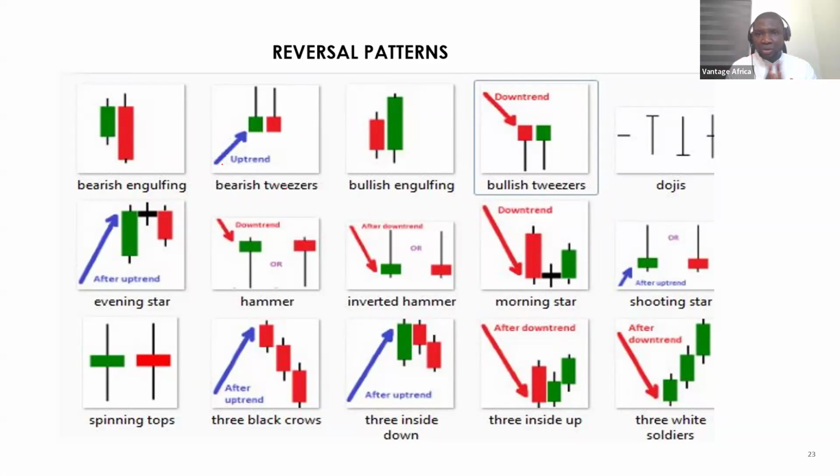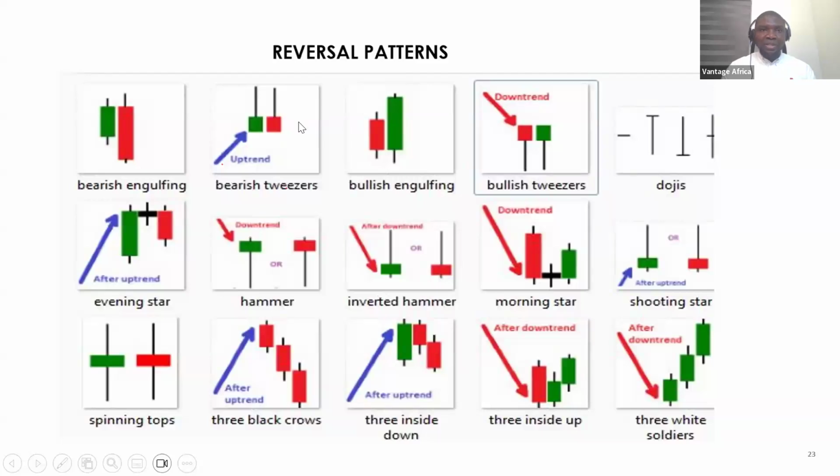Tweezer is basically two candlesticks that look alike, but they are opposite in color. So you see that price moved up here, opened and closed, and then opened for a sell, went up and then eventually closed down.